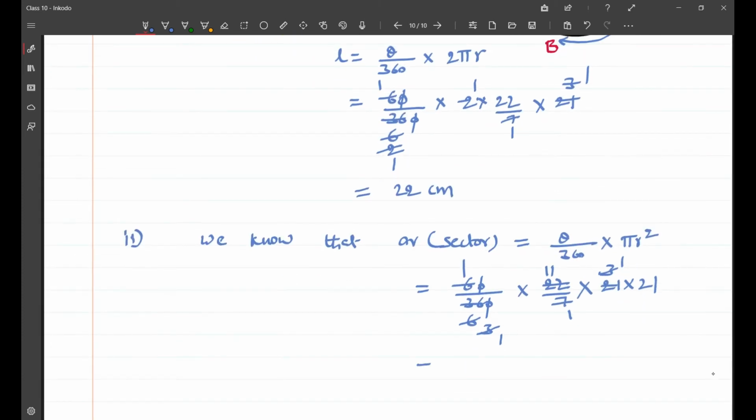Now we got 11 multiply 21, that is equals to 231 centimeter square.